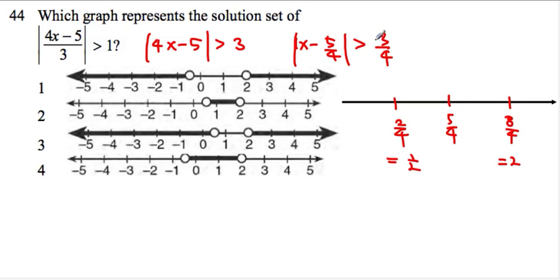But the distance has to be greater than that, which means we are looking at an open circle with values to the right of it, and an open circle with values to the left of it. So that becomes our answer: 1/2 and 2, with the direction being away from it. Therefore our answer will be choice 3.